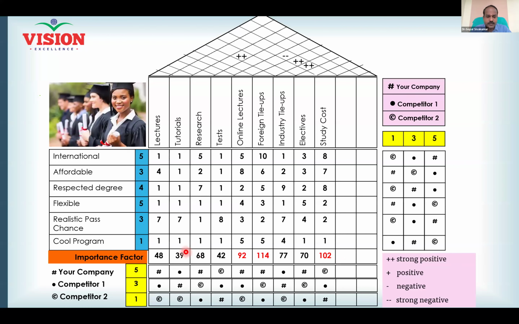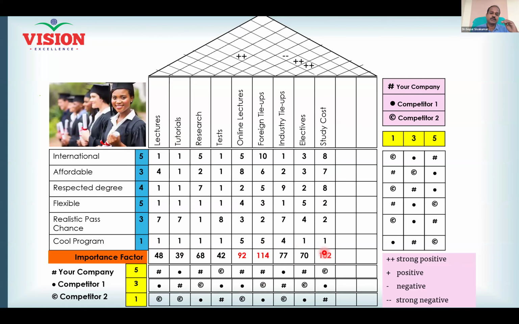Do you understand now? The customer requirements are initially converted into specifications. Now, out of the 9 specifications, the most important specification is foreign tie-up. Now, your institution should have a department exclusively working on international collaboration. Do you all agree?